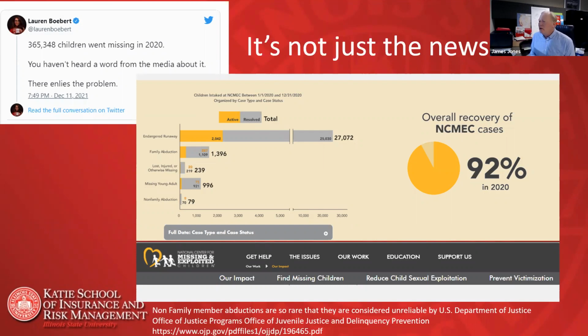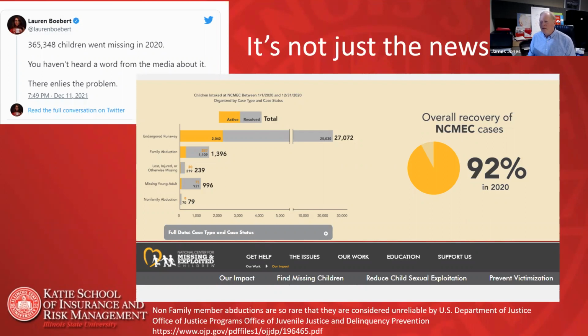And Twitter is a fairly recent way that's occurred. So here was a congresswoman who says, oh my gosh, 365,348 children went missing in 2020. And that's actually a true statistic, by the way.